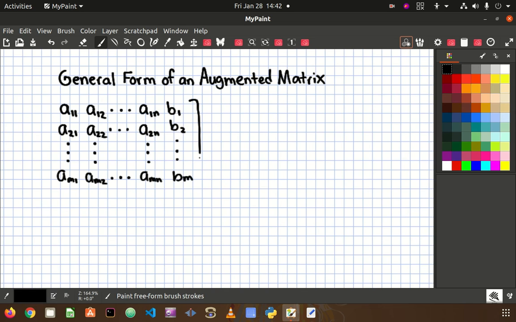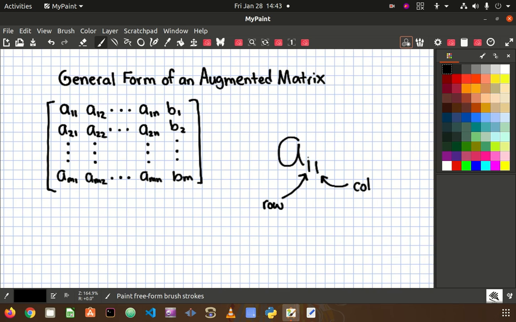And so this right here is the general form of an augmented matrix. Remember how the subscripts work? The first number here represents the row or the equation number. And the second index here represents the column, or, in this case, the variable that it's associated with.